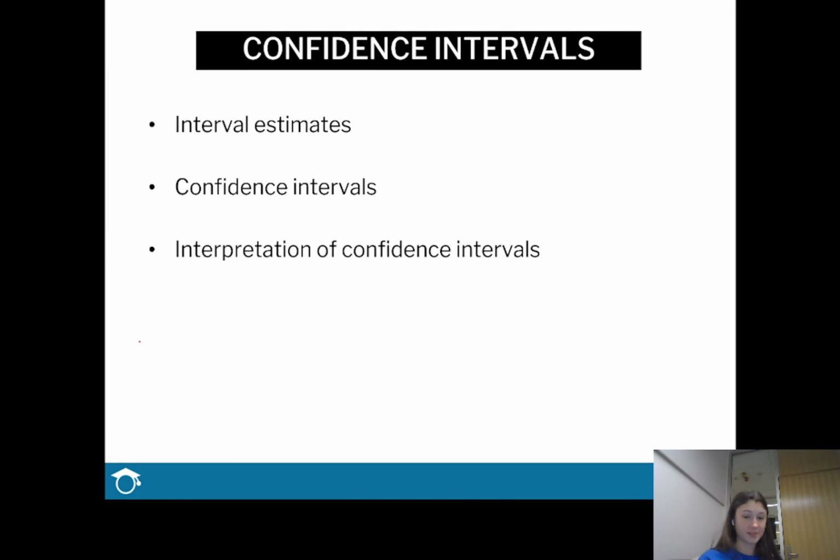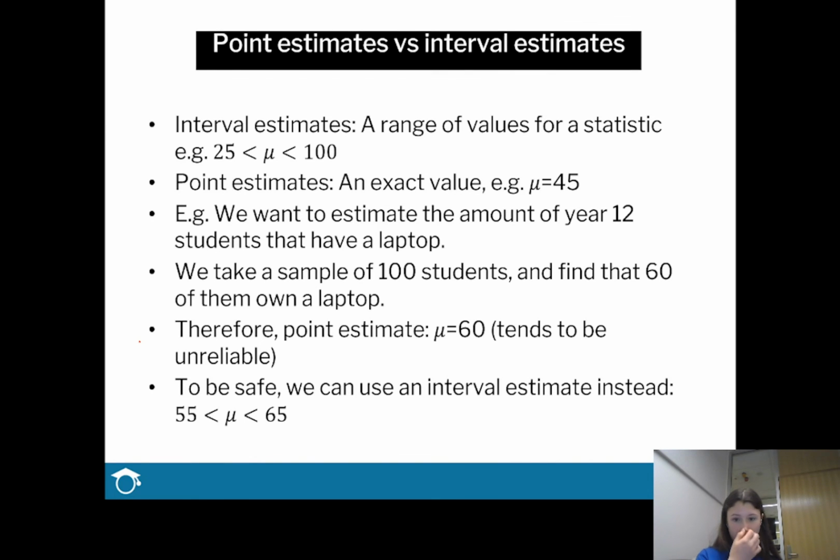Okay, confidence intervals. So we'll quickly go over interval estimates, confidence intervals, and interpretation of confidence intervals. So, the interval estimate, a range of values for a statistic, is different to a point estimate.